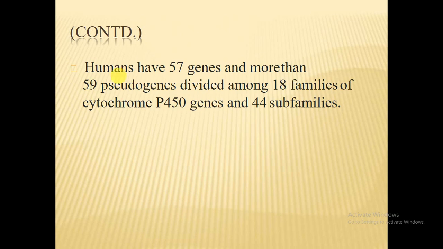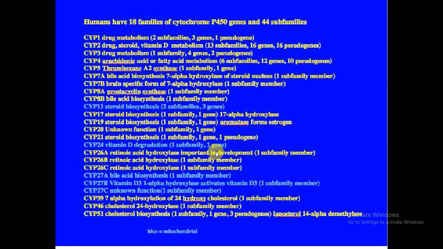Humans have 57 genes and more than 59 pseudogenes divided among 18 families of Cytochrome P450 genes and 44 subfamilies. Cytochrome P1 is responsible for drug metabolism, with two subfamilies, three genes, and one pseudogene.